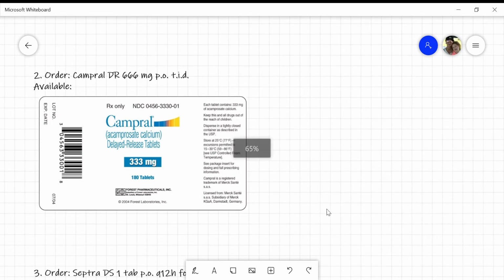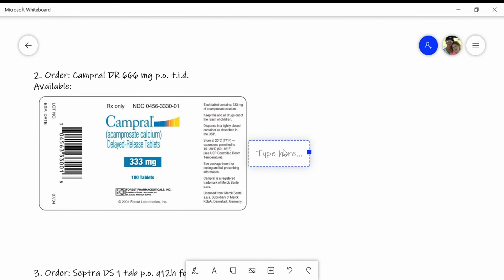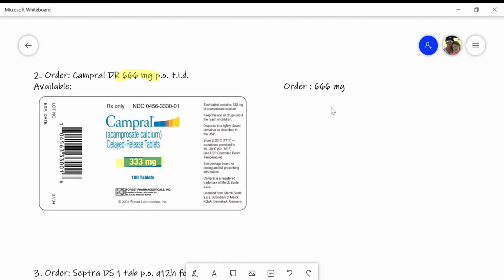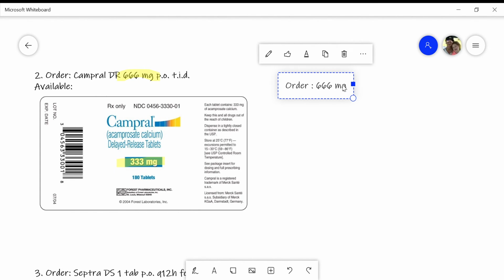And so for the second one, our order is going to be 666 milligrams, and then our availability is 333 milligrams per tablet.